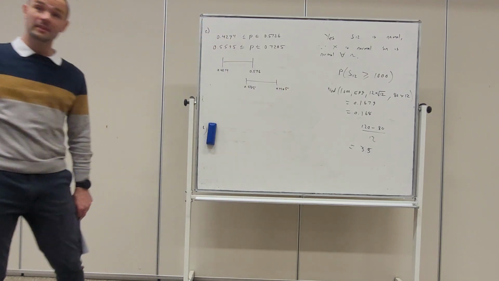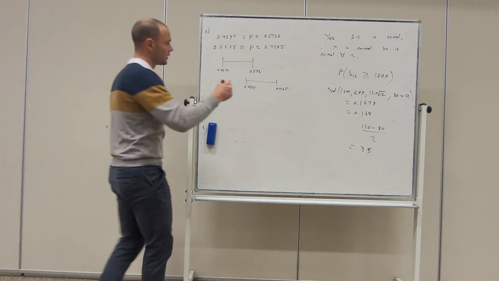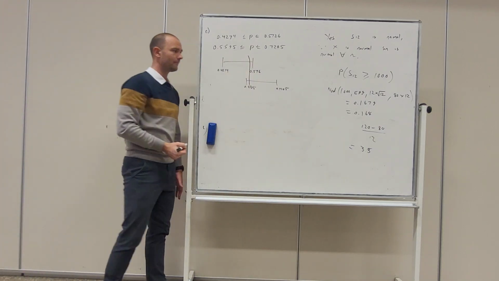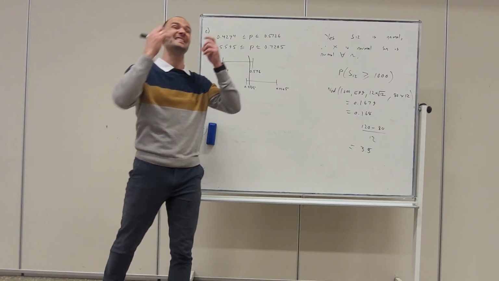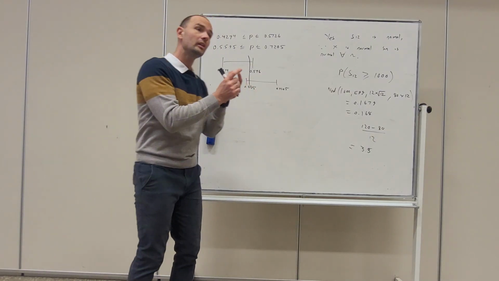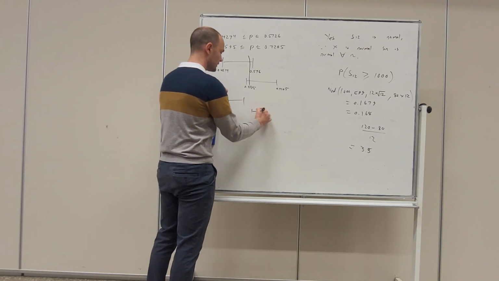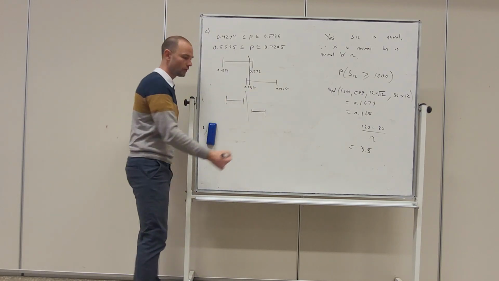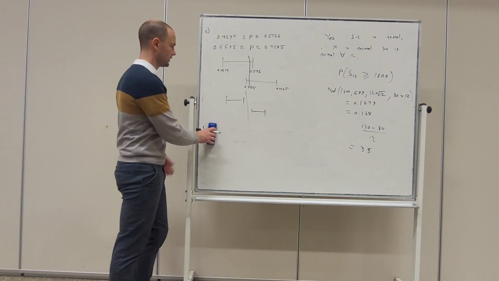Because they overlap, it suggests that the true proportion could still lie in both confidence intervals, which means there's not sufficient evidence to suggest there's a difference. Only if they are completely separate, like this, and they don't overlap, can we say the evidence suggests that there's a difference, okay?